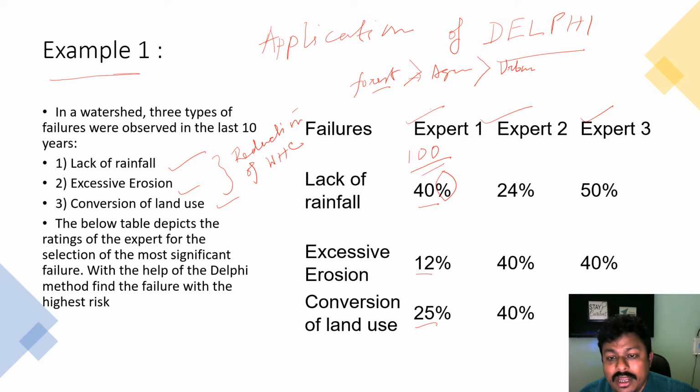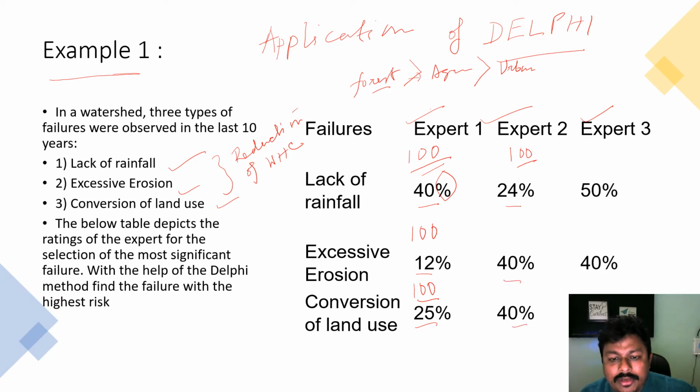Note that all these ratings are made out of 100. It is not that these add up to 100; it is 40 out of 100, 12 out of 100, 25 out of 100, because 100 is the scale. Now this expert has given 24 to lack of rainfall, and 40 to the others.